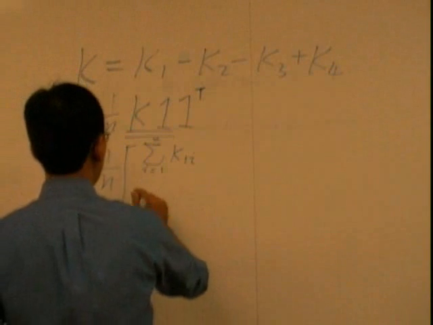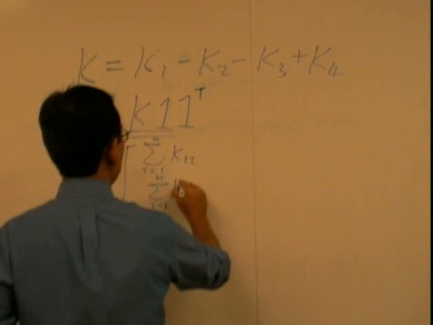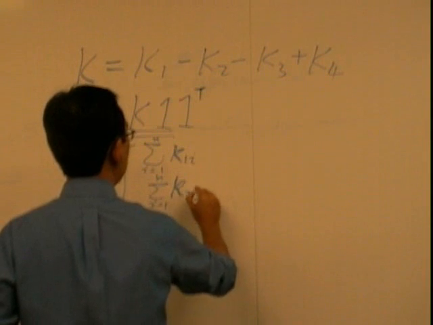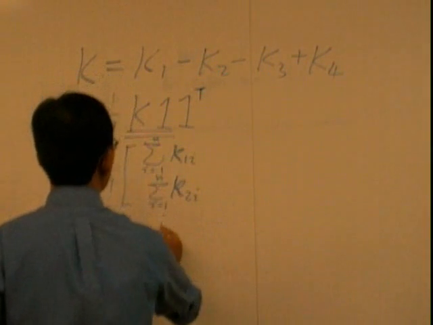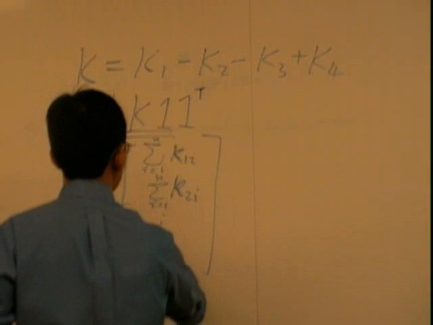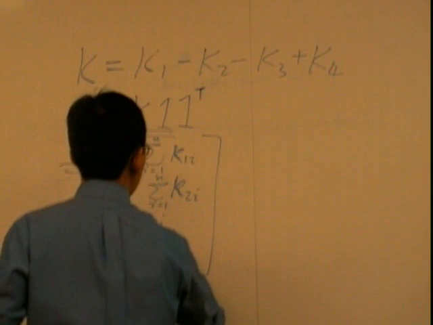And what's the next one? The next one is the same, K_2i. And the last one is K_ni.